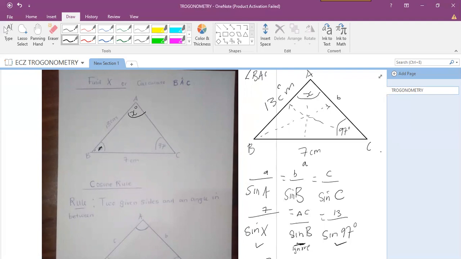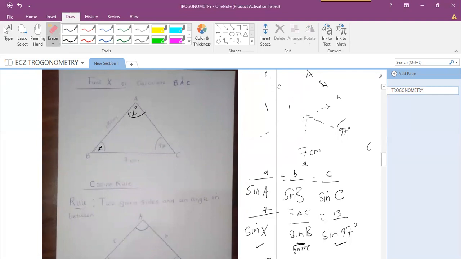So let's now move on to the cosine rule, how we are supposed to identify the cosine rule in an exam, and how we are supposed to use it. I'll be very upset if you don't watch this video. You have to watch this video and revise it, because this is a lifesaver. Once I teach you this, you're going to get your 8 marks very easily in the exam.